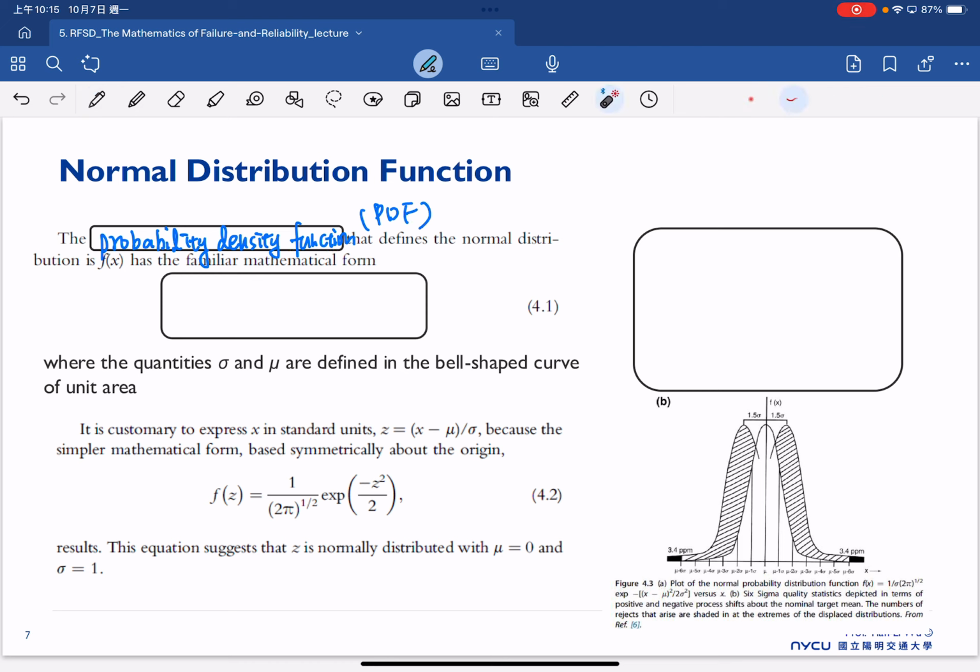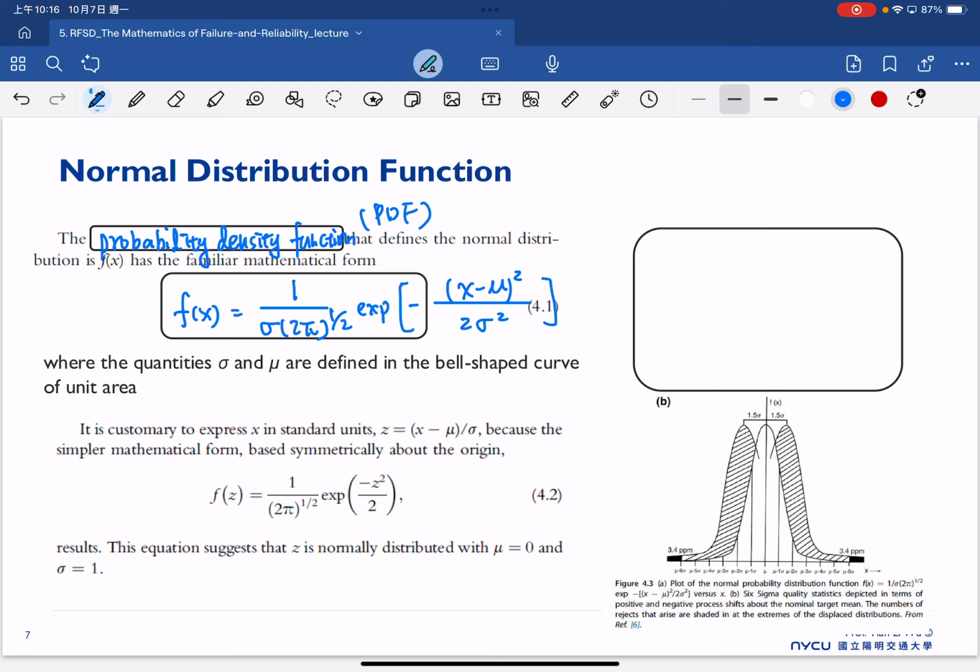The probability density function defines the normal distribution function f(x), which has a familiar mathematical form as shown here.